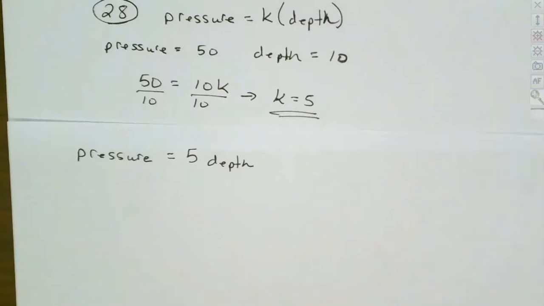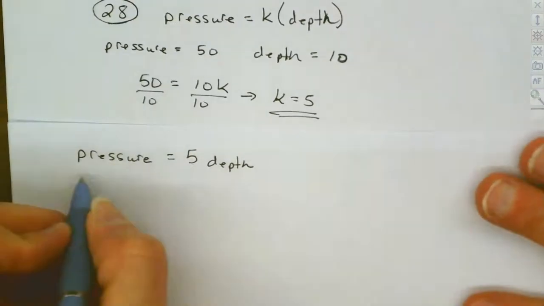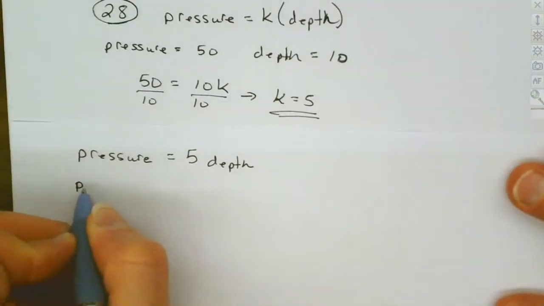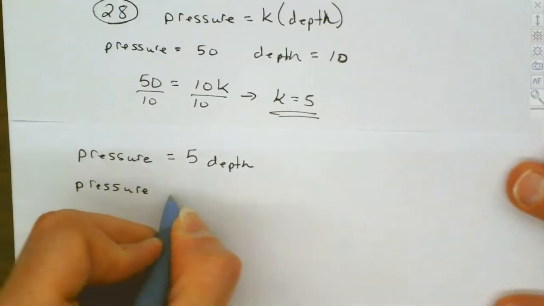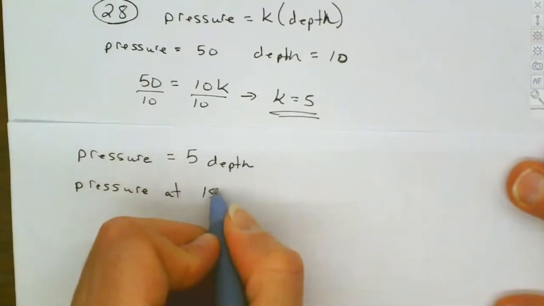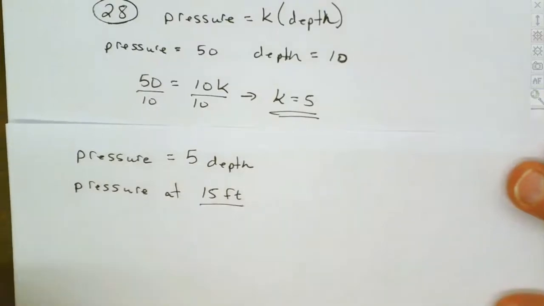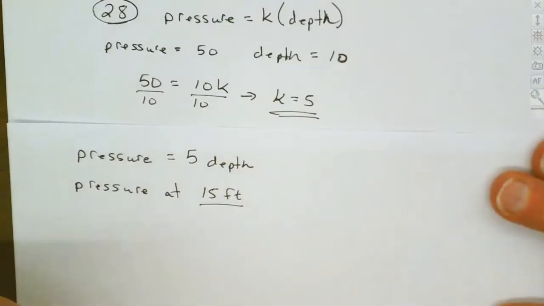So here's our formula. Now what do we want to do to answer this question? It says, what is the pressure at 15 feet? So the last part is we want to find the pressure at 15 feet. Well, what would we do? Okay, that 15, what does that 15 represent?